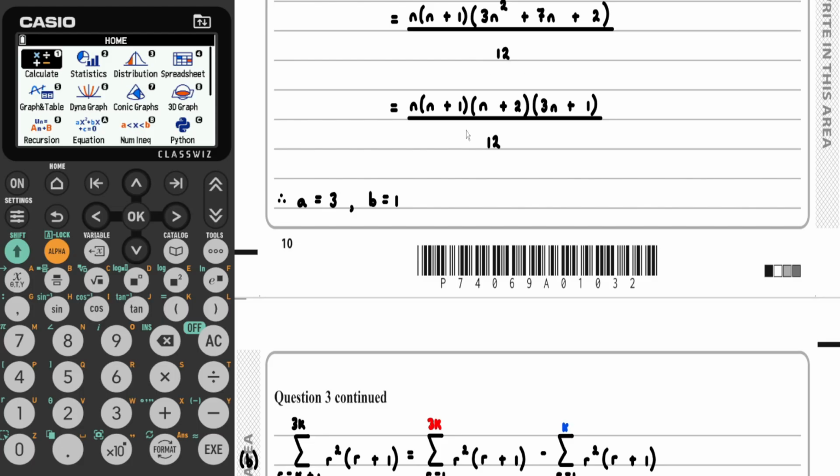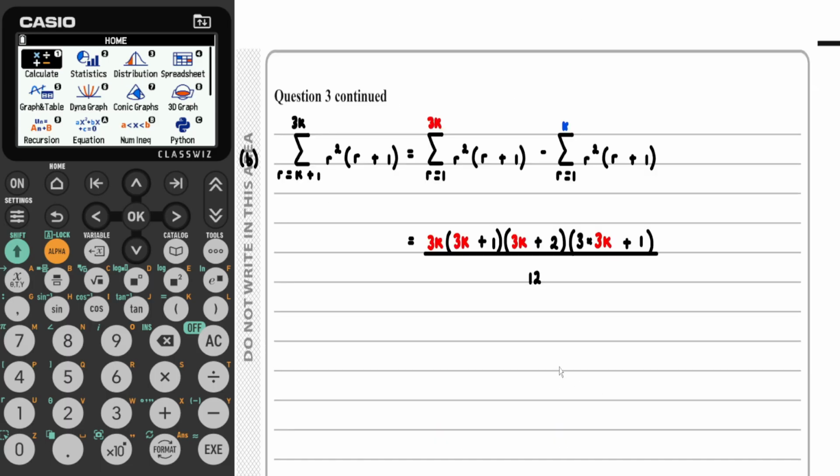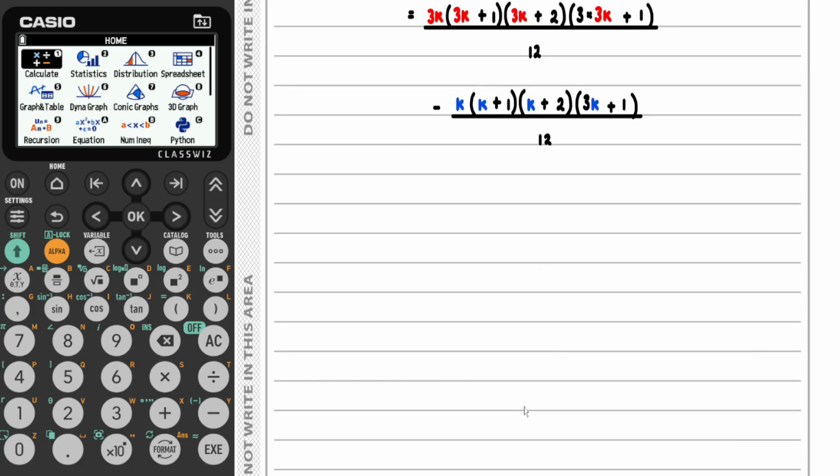So we can use the result here. We replace n with 3k, and we also replace n with k. So I've got 3k times 3k plus 1 times 3k plus 2 times 3 times 3k plus 1 over 12, subtract k times k plus 1 times k plus 2 times 3k plus 1 over 12. So let's continue working all this out.